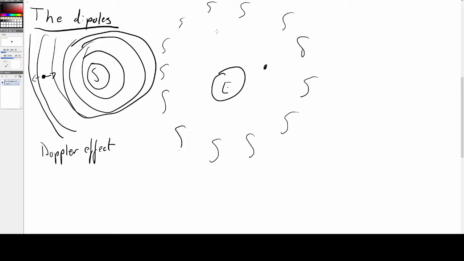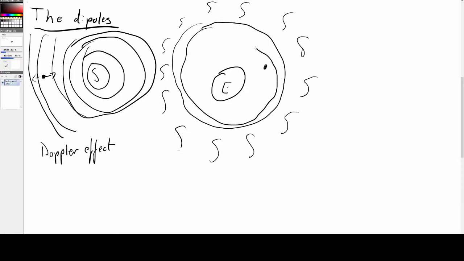This is an S for source, and there's basically waves coming towards us from all around. And if Earth has a speed relative to the rest frame of the CMB source, then we will expect it to exhibit a Doppler shift. And that's exactly what happens.